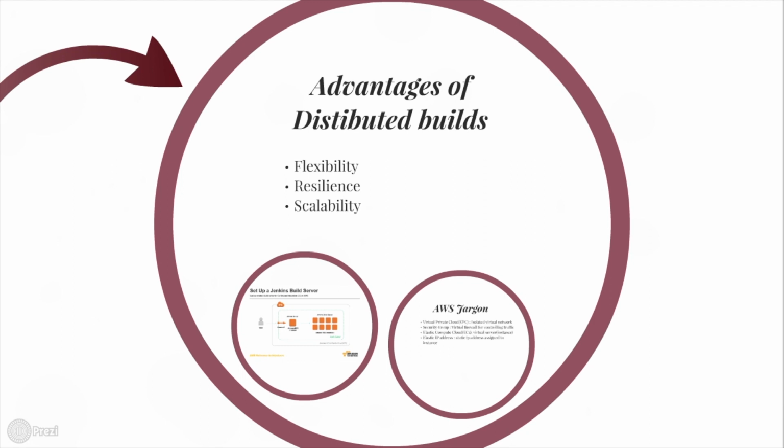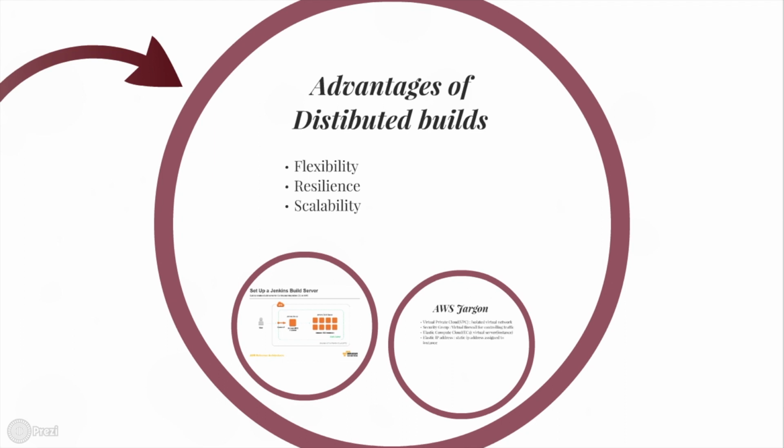The reason behind using Jenkins master slave architecture is these three advantages: flexibility, resilience, and scalability. Suppose today you require only two slaves on which to run your jobs. Tomorrow it may increase and you need more than 5 or 10 new machines to run your jobs. This is scalability. You can increase your number of nodes and run your jobs.